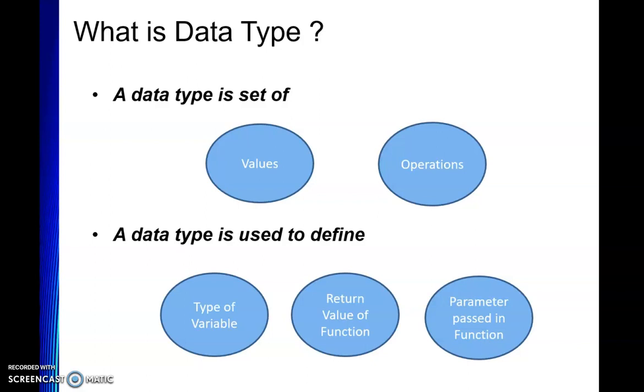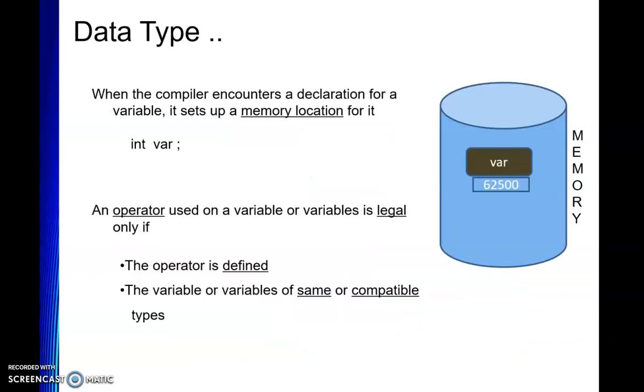I suggest that once we have understood everything up to enumeration and functions, you come back and go through this video again, and I am sure you will be very clear. Now, just mechanically understand that data type defines the type of variable. Then we have it for the return type of a function and also for the parameters in a function. So as I was telling, we are talking about variables, we declare variables.